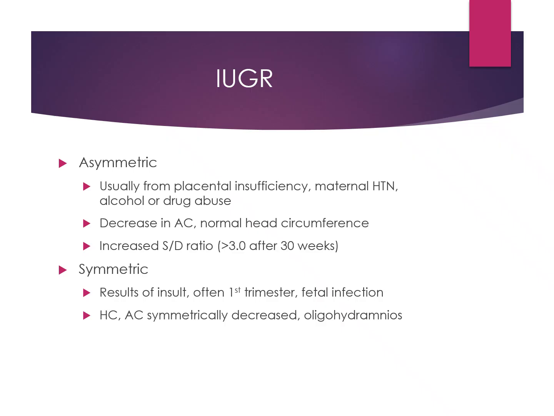Now, symmetric IUGR is when both the head and the abdomen circumference are small. So decreased size symmetrically, and we're going to have some oligohydramnios, which means we're going to have small amounts of fluid surrounding that baby.